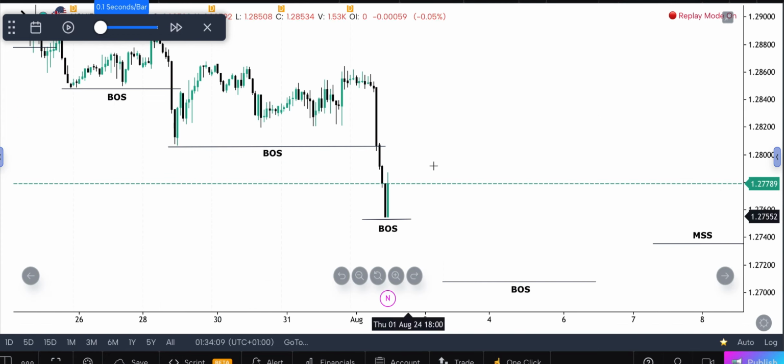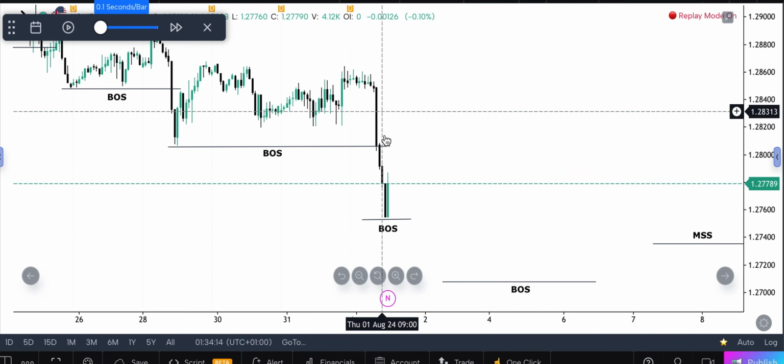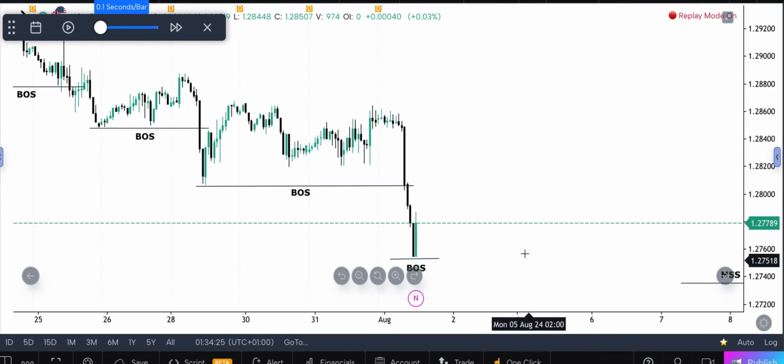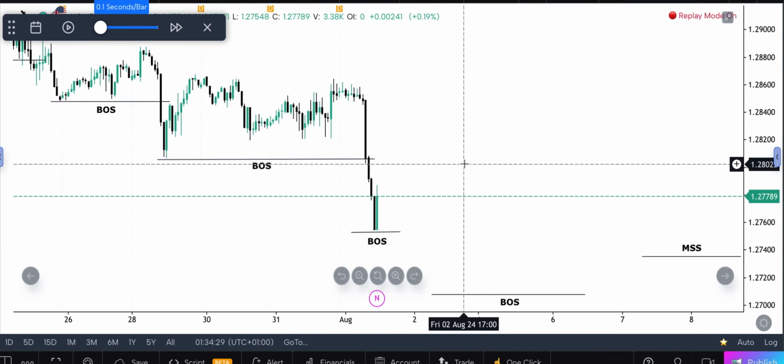On this chart, you can see that price violated this previous lower low. Like I said, on a downtrend, as long as price keeps violating the lower low, we are currently bearish because we're breaking structure to the downside.